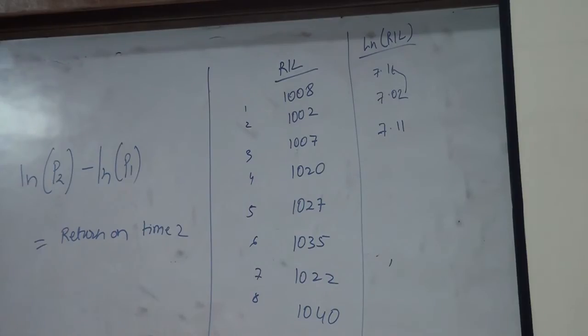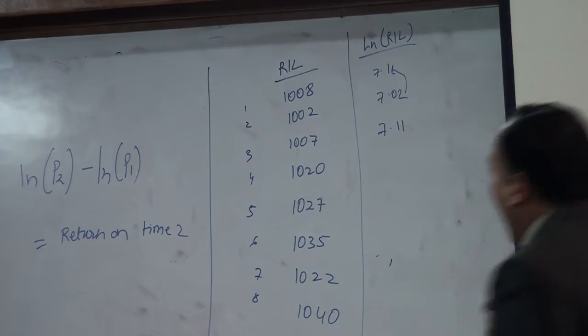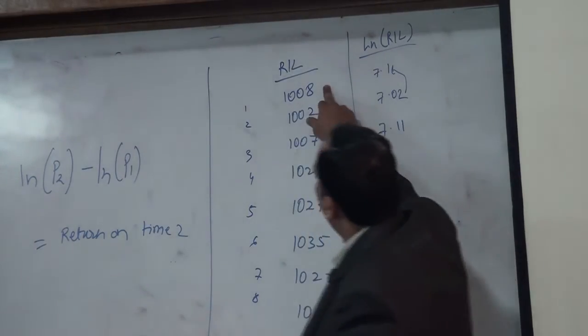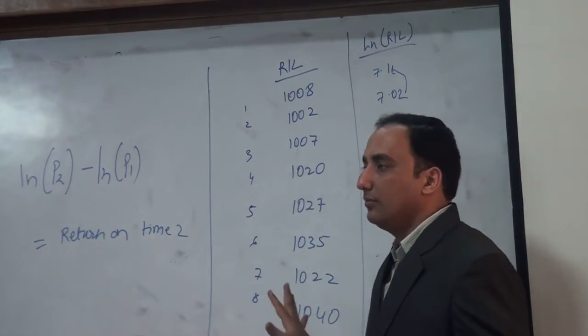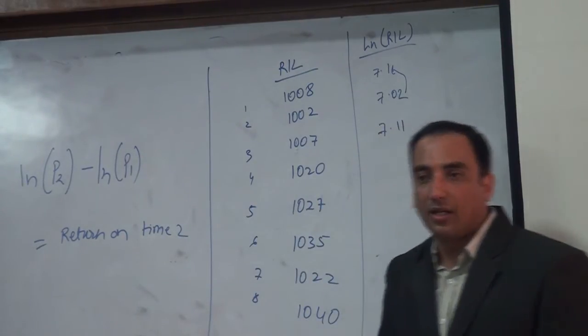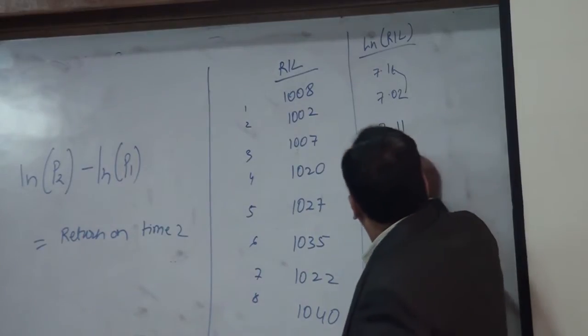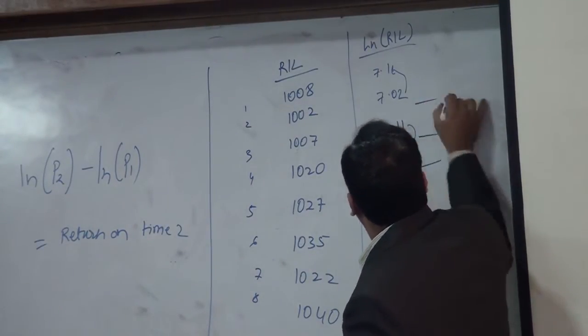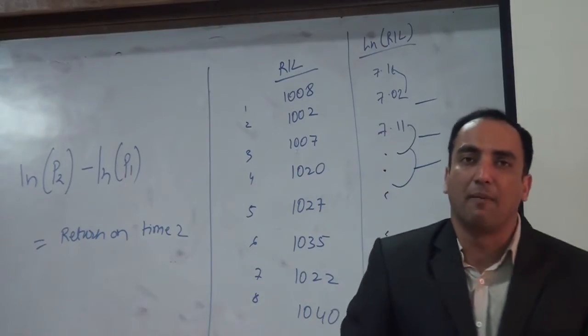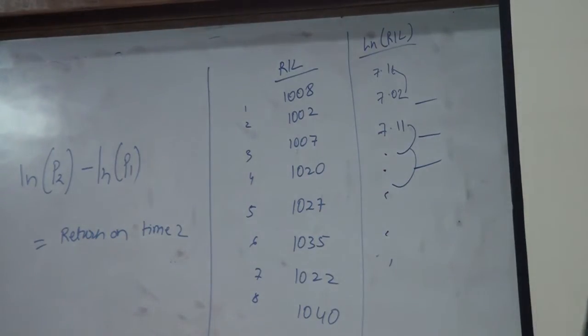So I am finding out the continuous compounded rate of return. How to find it? Simply take the ln and find their difference. Okay? So similarly, you will be valuing this minus this, this minus this. Here you will keep getting the continuous compounded rate of return.